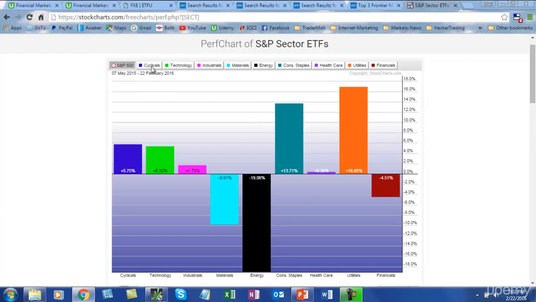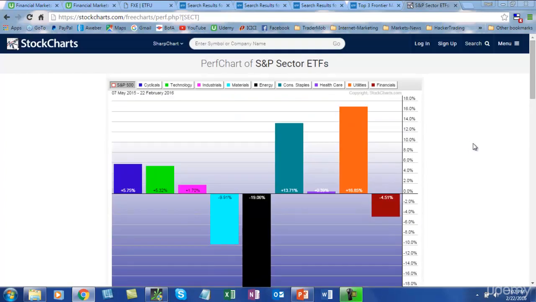And of course, these are all the sectors: the cyclicals, technology, industrials, materials. It also gives you the ETF right here. So the cyclicals is XLY, technology is XLK, industrials is XLI, materials is XLB, energy is XLE, consumer staples XLP, healthcare XLV, utilities XLU, and XLF for the financials.